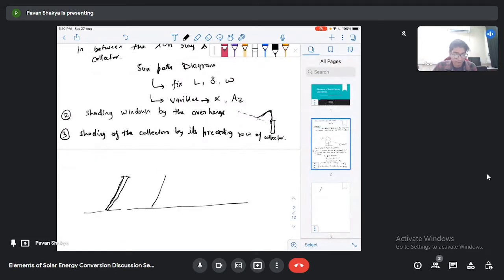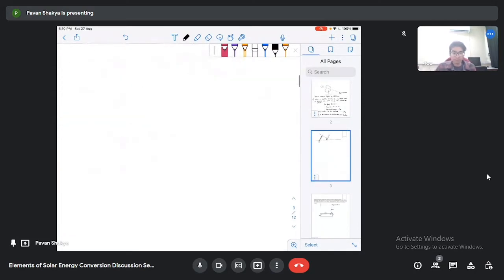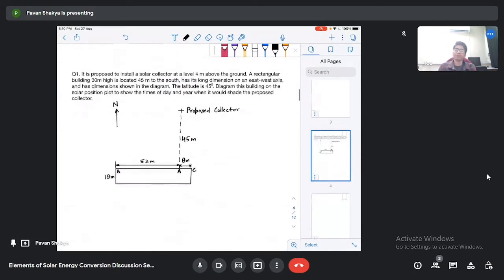At some time there will be shading from the preceding row; suppose this one is our first row, then at some time there will be shading on this panel. How much the shading will be, we will see by a problem. So now I will move to the first problem.